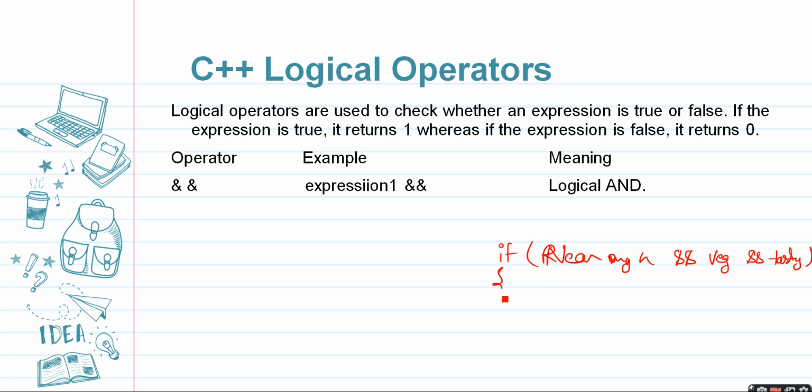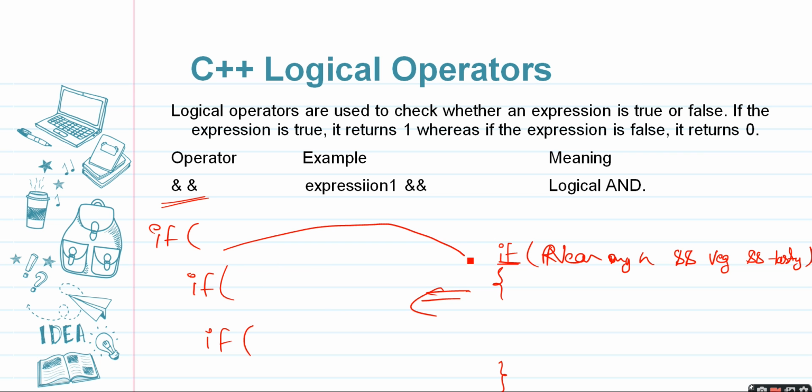So I have three conditions applied in the same if block. Previously I would need three different if statements, one by one. But this AND operator reduces the lines of conditions to only one.